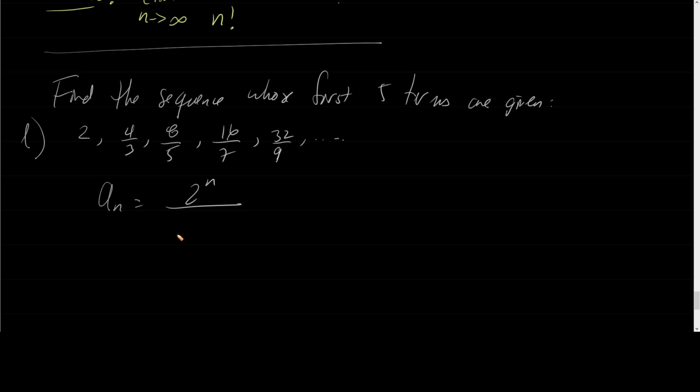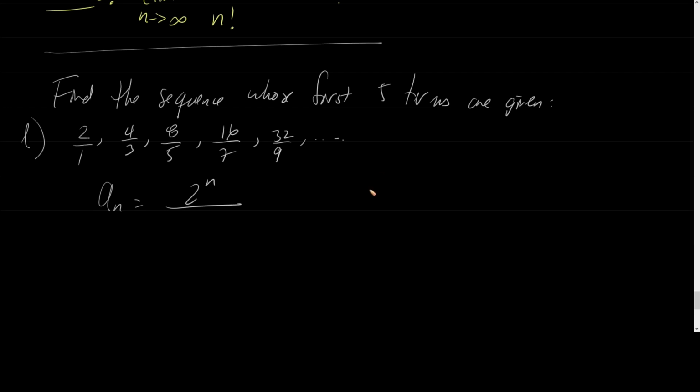Now, let's look at the denominator: 1, 3, 5, 7, 9. Well, they're going up by 2. But more importantly, they're odd values. So if I need to start off at 1, how do I define an odd number?